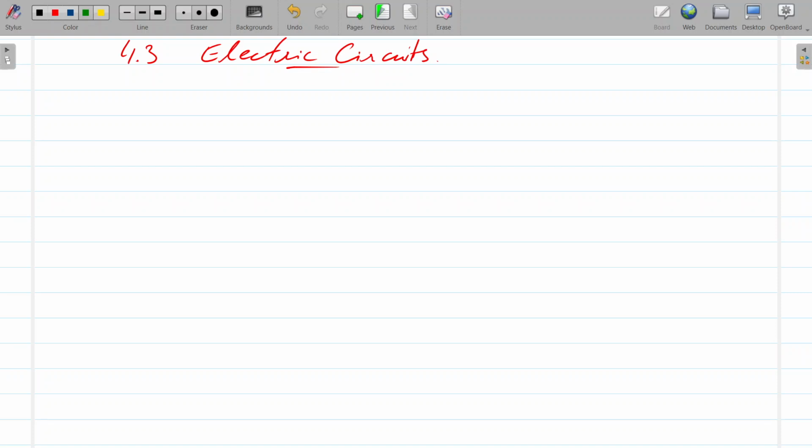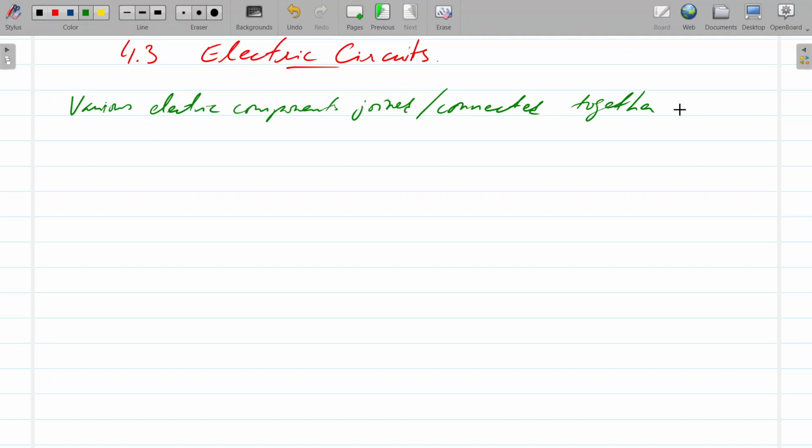So, right, obviously, when we're talking about electricity, we're going to talk about electric circuits, which are various electric components joined, or connected together, obviously for some purpose.